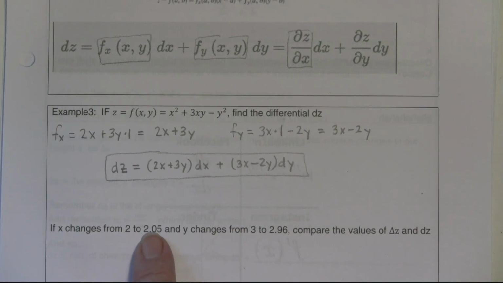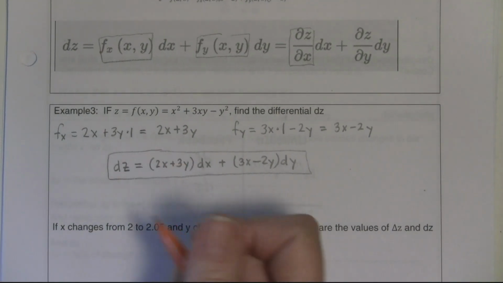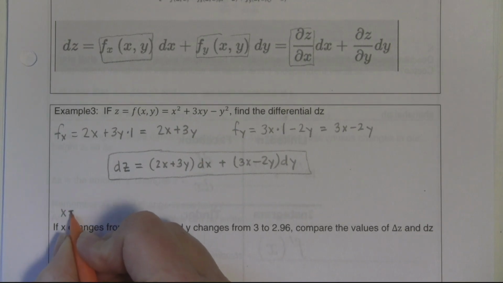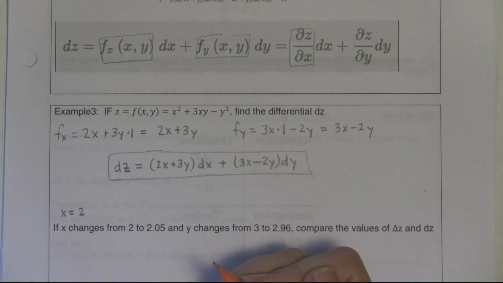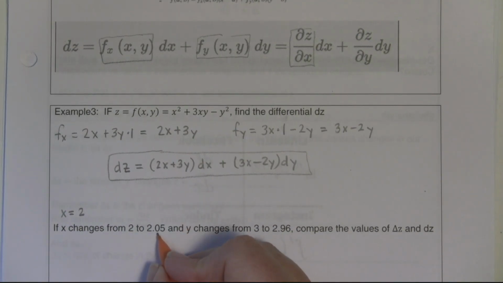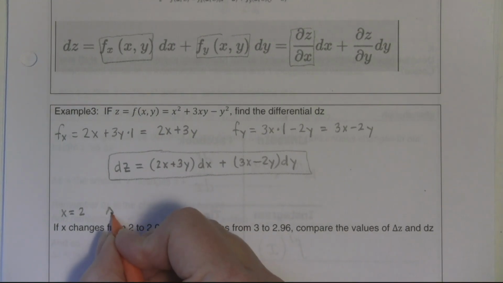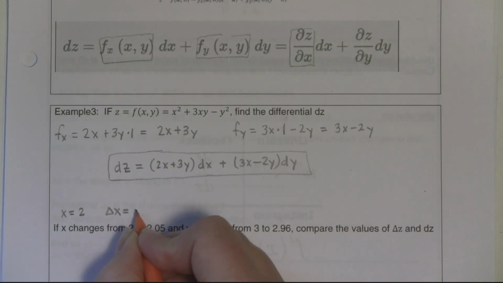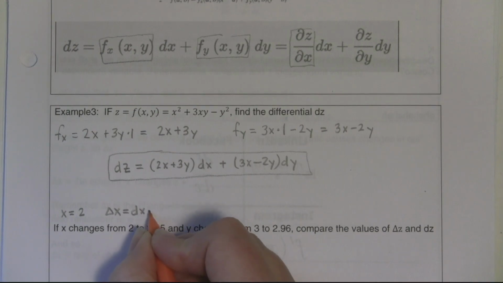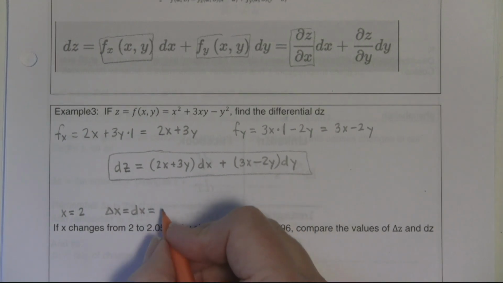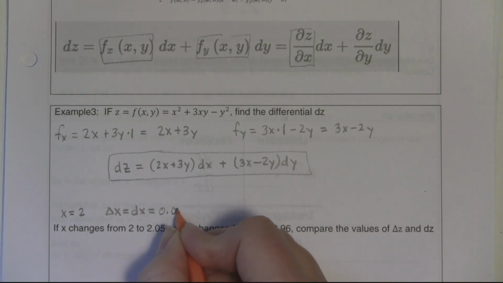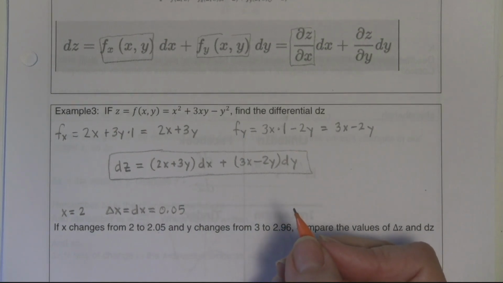So the change in x is 0.05. And so here, they're telling us x is 2, and it's going to change to 2.05. So that tells us that delta x, which is exactly equal, because independent variable, to dx, is equal to 0.05. I'm going to write that right there.